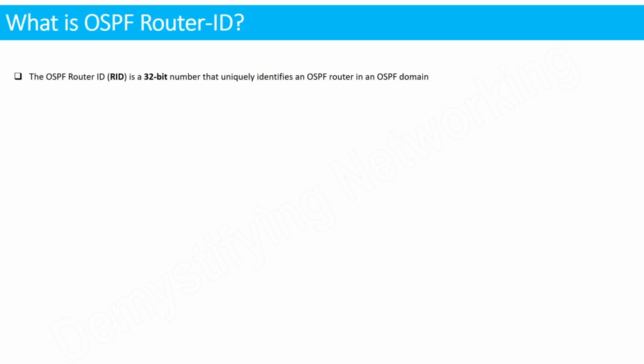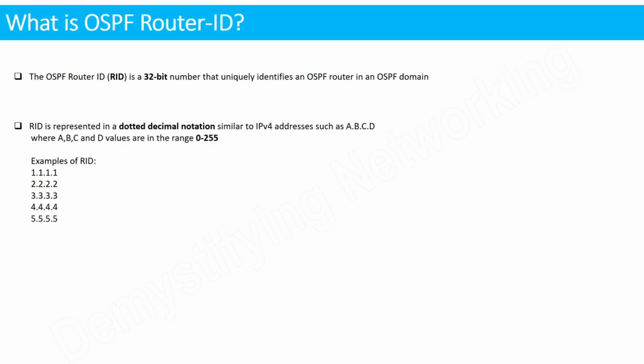The OSPF Router ID is a 32-bit number that uniquely identifies an OSPF router in an OSPF domain. Router ID is represented in a dotted decimal notation similar to IP addresses, such as A.B.C.D, where A, B, C, and D values are in the range of 0 to 255.